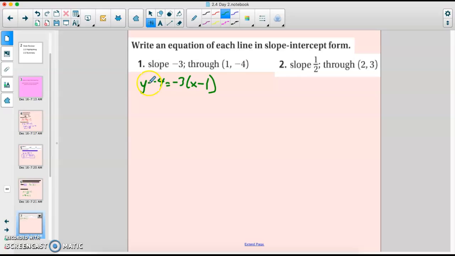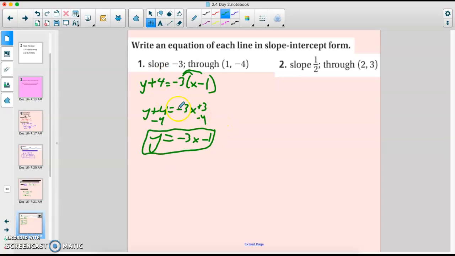Okay, now this turns into a positive, right? And then all we're going to do is distribute. Okay, so y plus 4, so we've got to turn it into slope-intercept form. Okay, so negative 3x plus 3, and then all we have left to do is subtract 4, and we're left with y equals negative 3x minus 1, and there's our slope-intercept form.